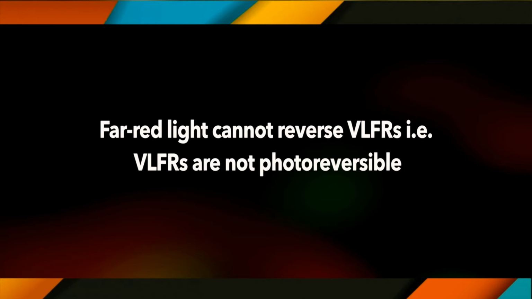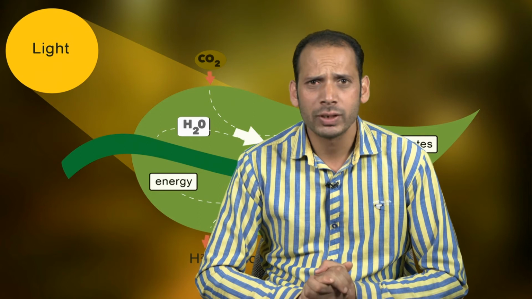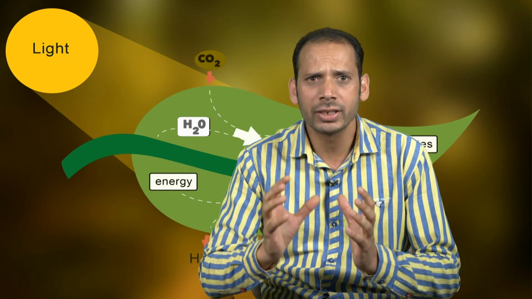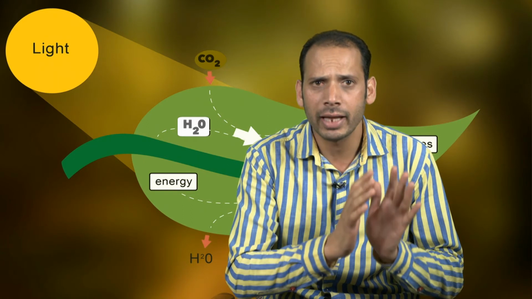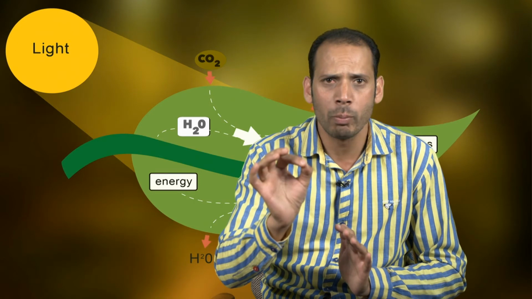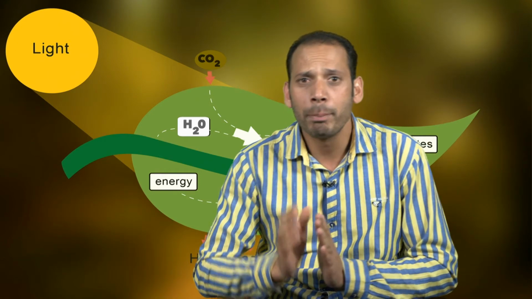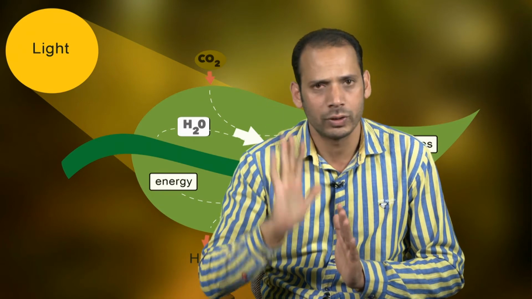That is, very low fluence responses are not photoreversible in nature. The very low fluence response action spectrum matches the absorption spectrum of the PR form, indicating that the very low fluence response is mediated by phytochrome and supporting the view that the PFR form is the active form for these responses.